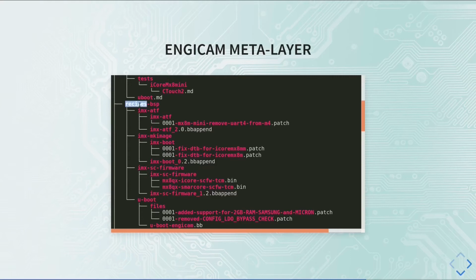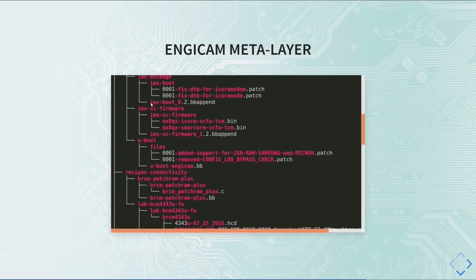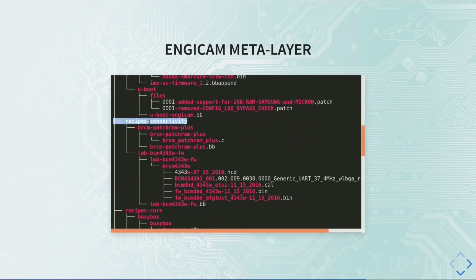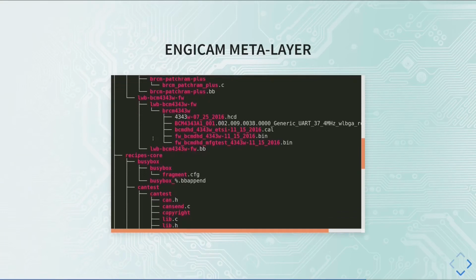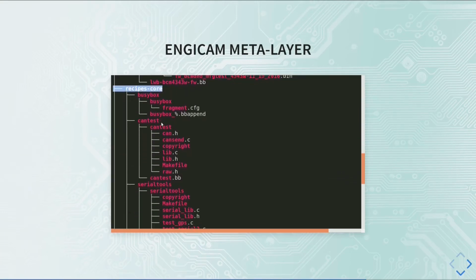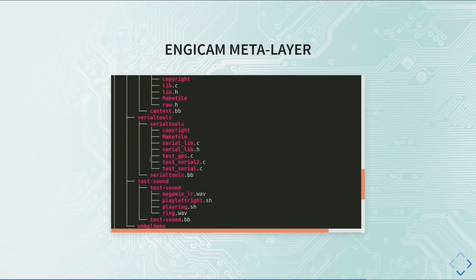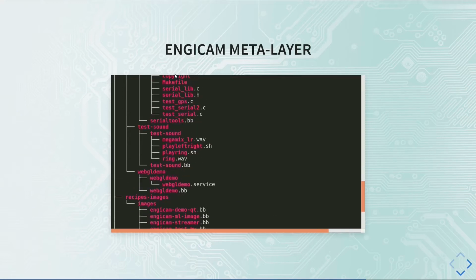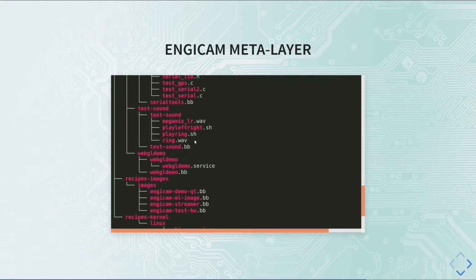Then you have different groups of recipes that can be either BSP specific or they can contain software for connectivity, in this case the firmware for the Wi-Fi antenna, and then also other recipes for hardware tests, or in the end, the most important one, as you will see later, the operating system image that gathers all these other recipes to create the final operating system.